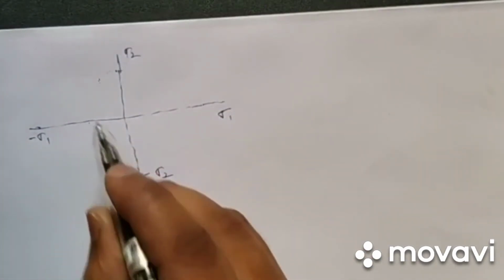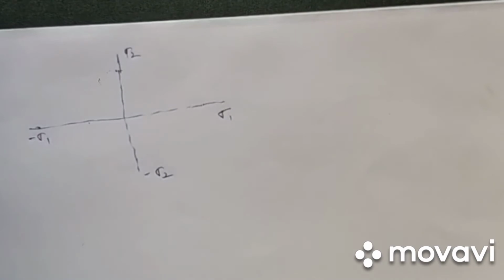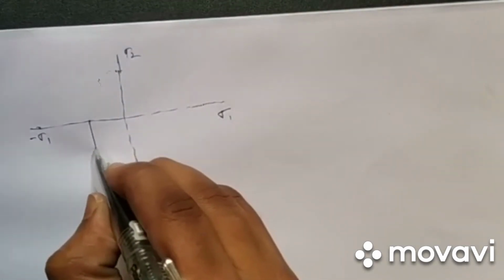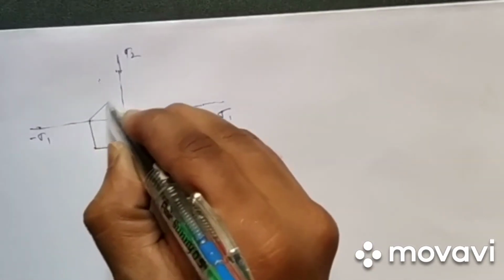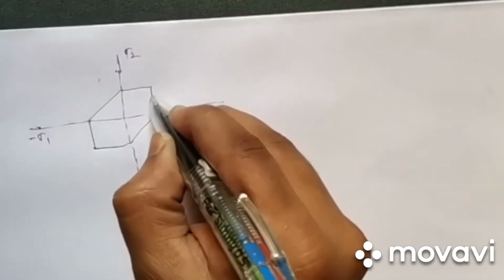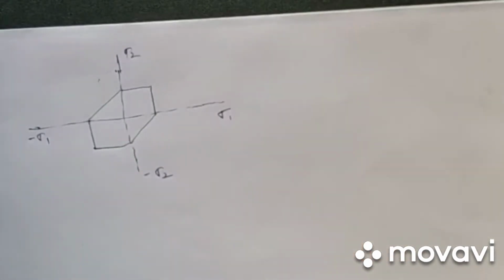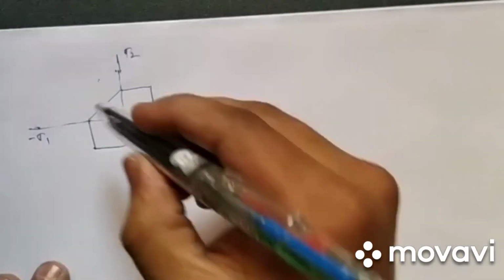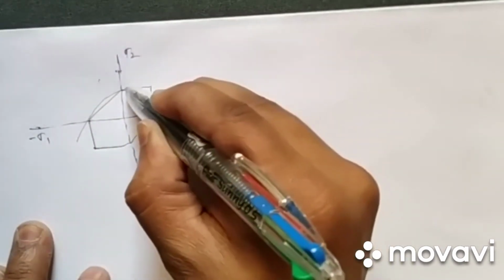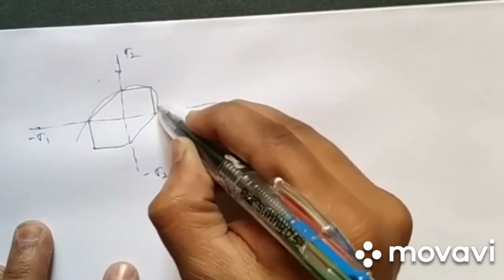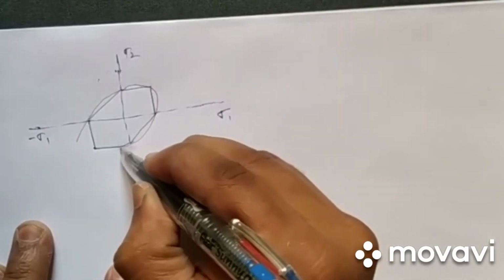We have Tresca's hexagon, if you remember, for maximum shear stress theory, and we have an ellipse for distortion energy theory, which we have just seen.